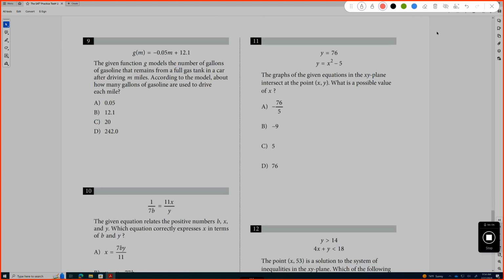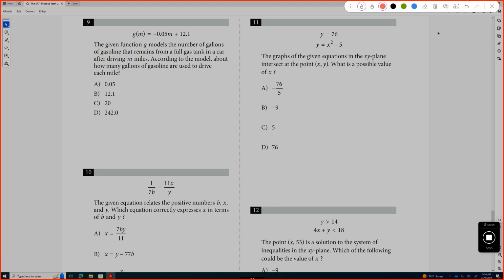All right, so number 9 says that the function models the number of gallons of gasoline that remains from a full tank. If you notice, the slope here is negative, so that means that we're going to be subtracting from a full tank of 12.1 gallons.